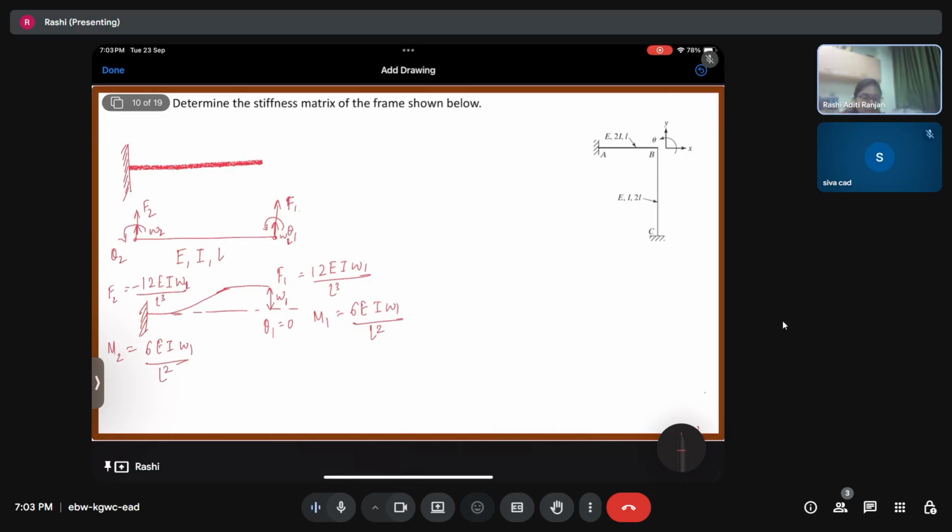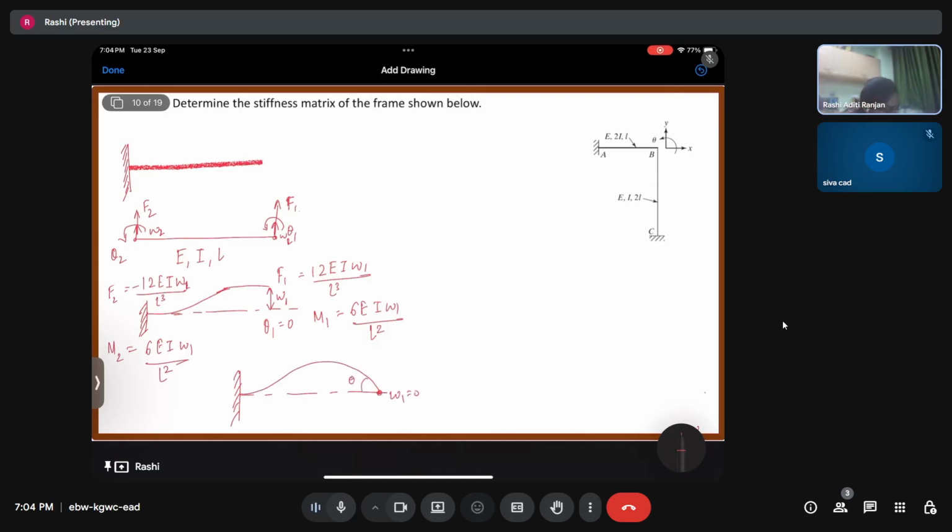Another case could be when the deflection is 0 and your angle is not 0. Something like this. W1 is 0, but then we have a theta.